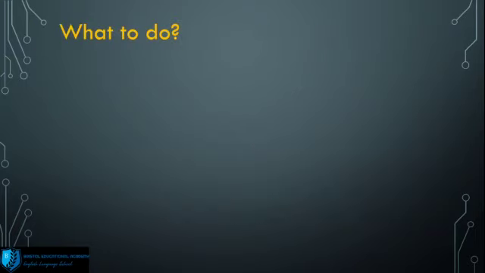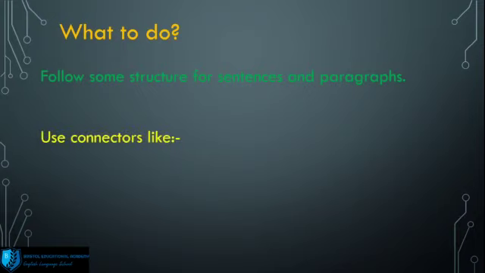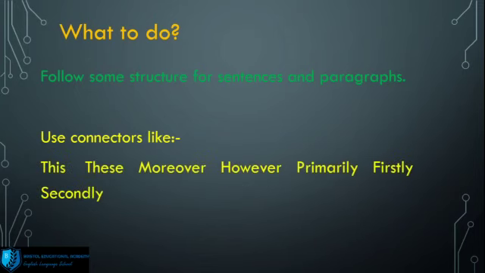So what are we required to do? We need to follow some structure for sentences and paragraphs. We need to use connectors like this, these, moreover, however, primarily, firstly, secondly. If you notice carefully, the word this means whatever we have discussed in our previous sentence. Similarly, the word these connects to the idea we have discussed in our previous sentence.